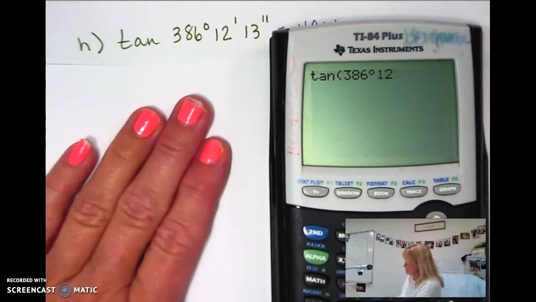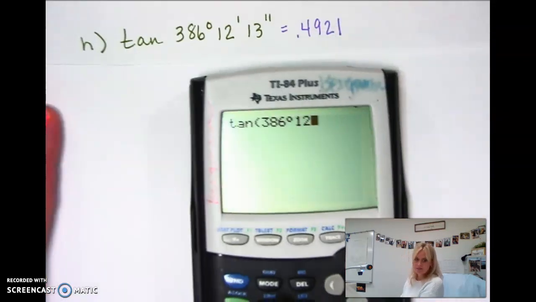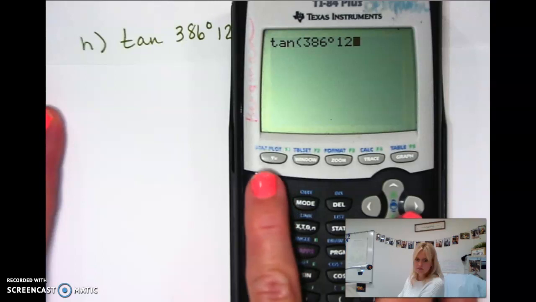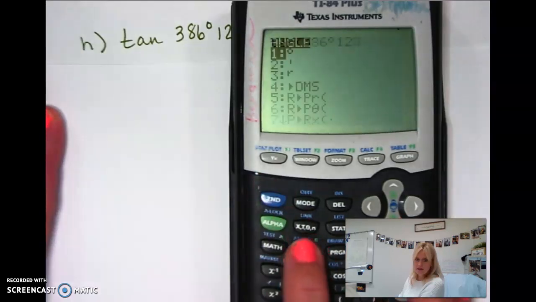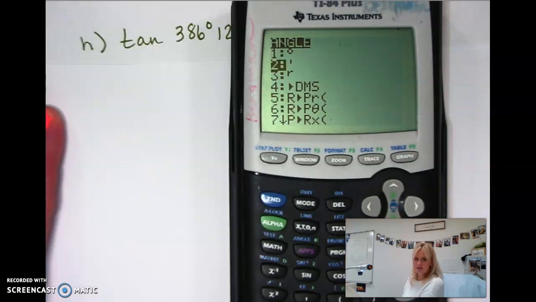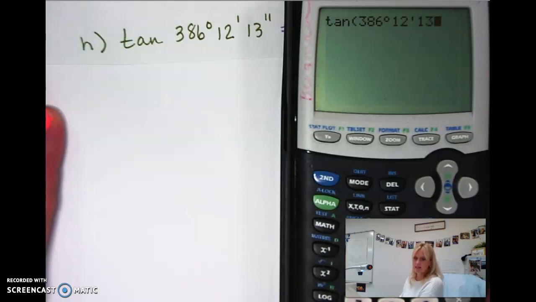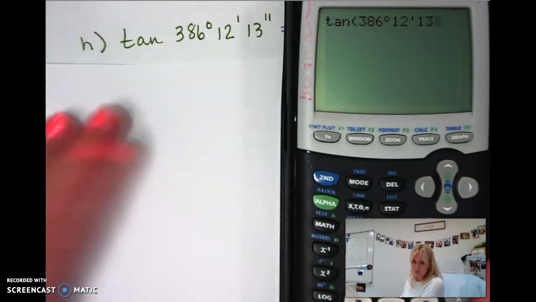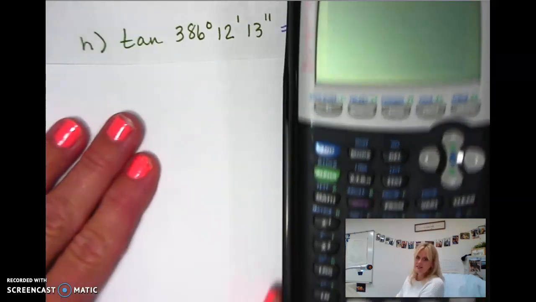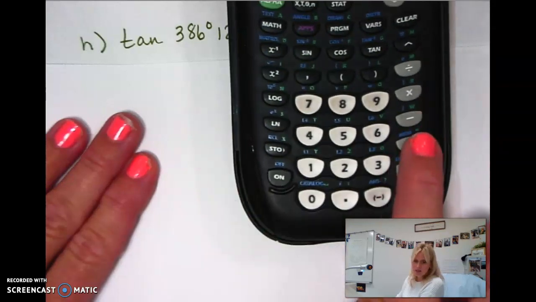12, and now I need to go back to that same second angle key, and I want minutes, so I'm going to highlight minutes. And then I need 13 seconds. Now for some reason, they don't put seconds in there. Seconds is found way down here above the plus key in green.